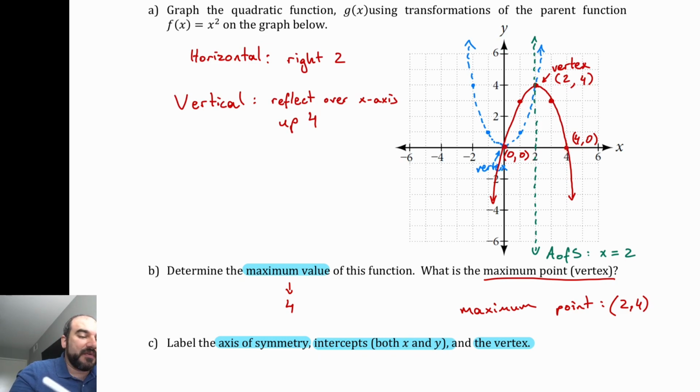And if there's a different place where it crosses the y-axis, you want to label that one as well. Finally, labeling the vertex is pretty important because that tells you where the axis of symmetry is. That tells you where the highest or lowest point is, depending on which way your parabola opens. It also tells you your maximum or minimum value in the y value of the vertex. So these three are going to be important to label on your graph whenever you graph a quadratic function in the form of a parabola.